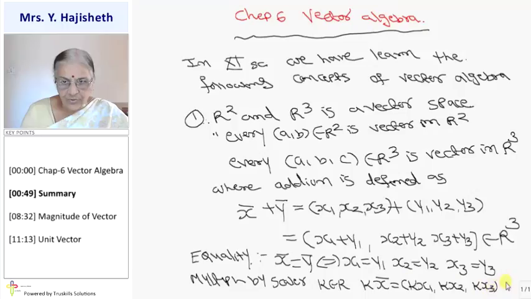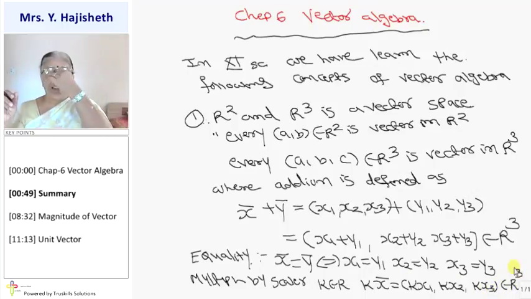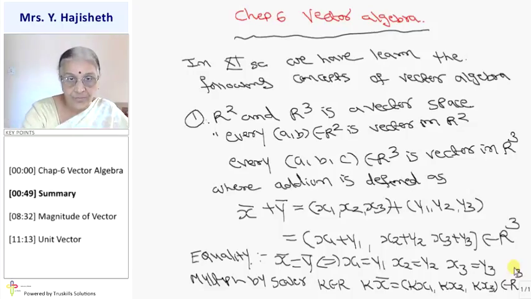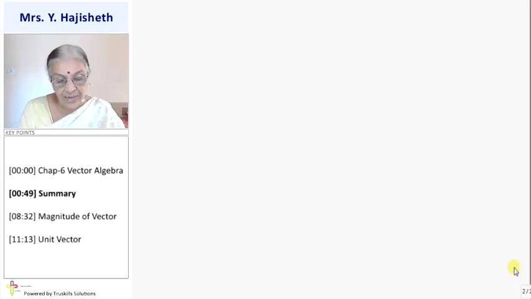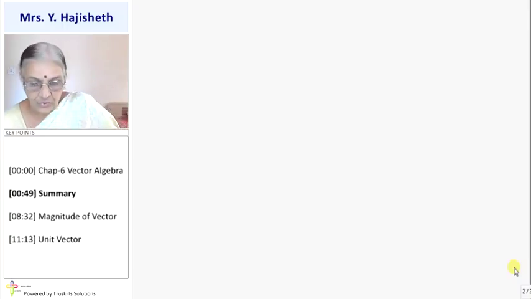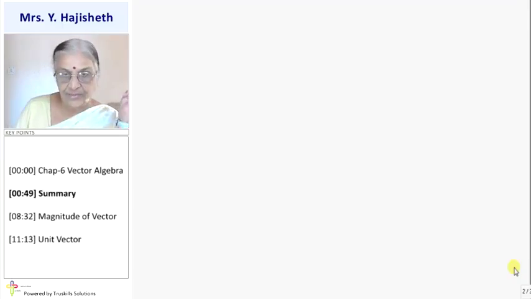That also belongs to R cube. So my R cube is closed with respect to addition as well as multiplication by scalar. So if these three operations are defined on any non-empty set, then that non-empty set we call a vector space. So R square and R cube is a vector space.